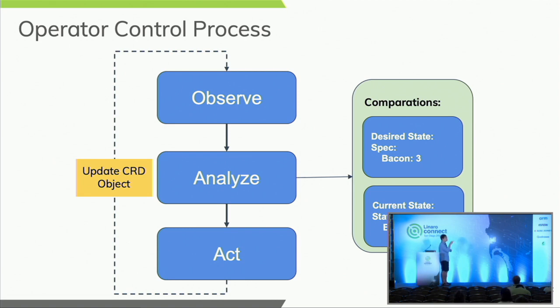The status is 2, and we will also enter into another control process. The status is 2, and the spec is 3. So we need to continue to produce. And after the current status and the desired status are the same, the process will be finished, and this CRD is marked finished and exits.